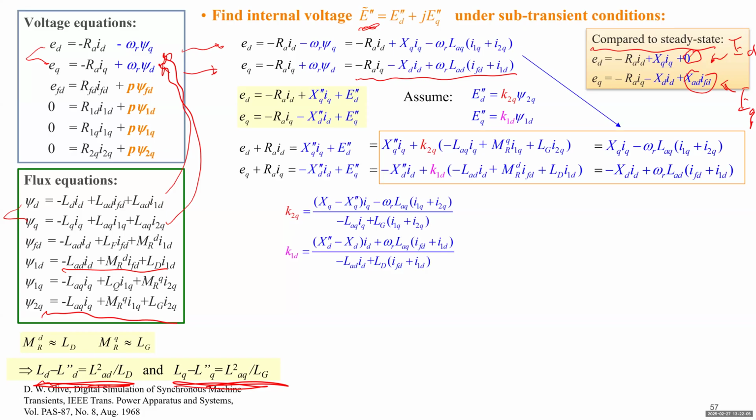We mentioned there are two ways you can model the time constants for the transient and sub-transient dynamics, or the reactances. But if you take some approximation, you will be able to get this very simple structure.